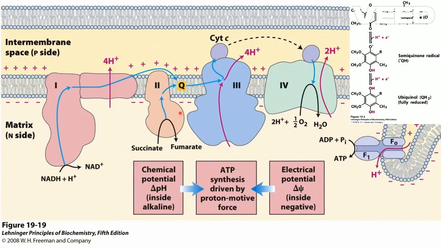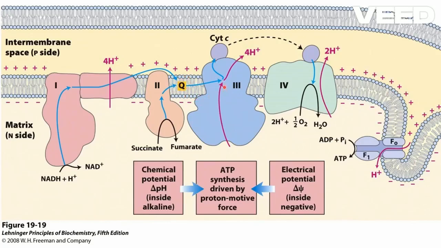If you see the structure of quinone, it has 2 ketone groups, that is O double bond. But when it received electrons from complex 1 and complex 2, it was transformed into quinol that had 2 hydroxyl groups. But when it transfers its electrons to complex 3, it becomes quinone again.